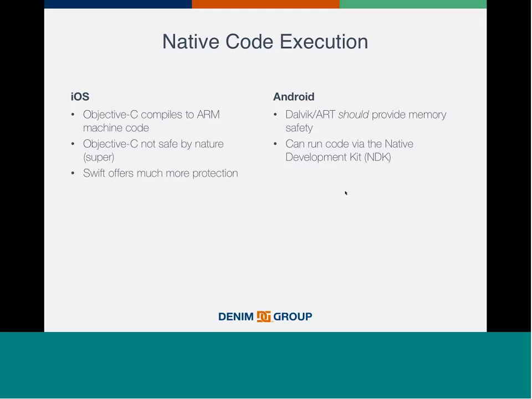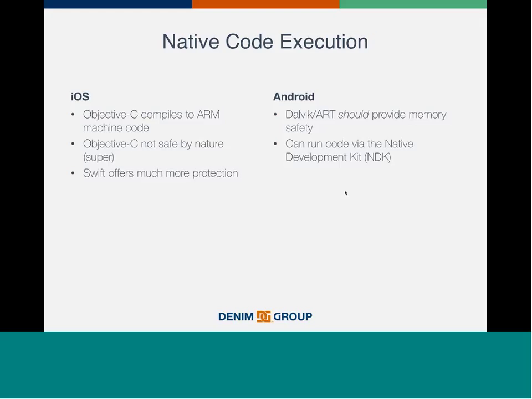They have things like array bounds checking. They don't have a basic concept of pointers, and so as a result, if you're writing applications in Java and using those runtimes, you have significantly less concern that accepting an untrusted input is going to result in native code execution.